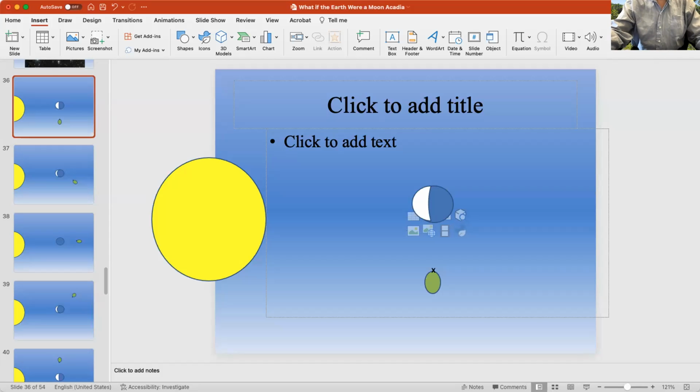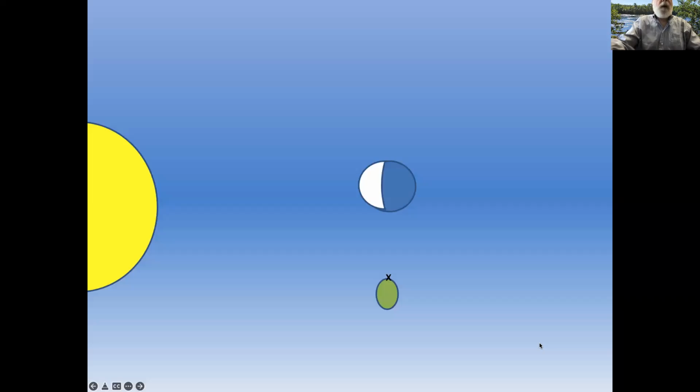All right. In this scenario here, this is the Earth, and I put an X on the side facing the larger planet. At this particular point in the orbit, the sun is just rising.